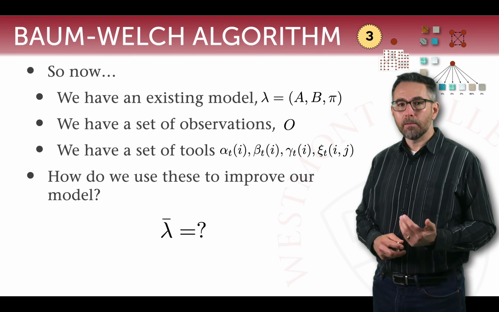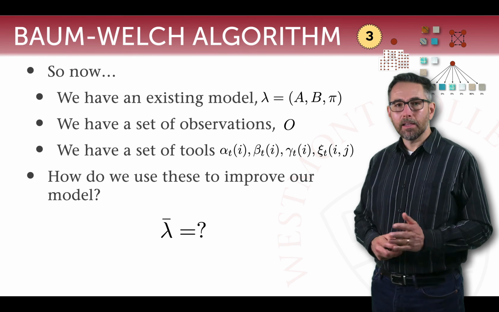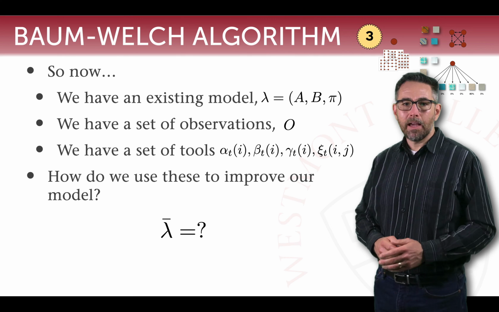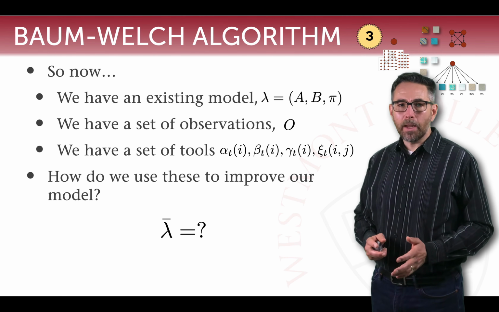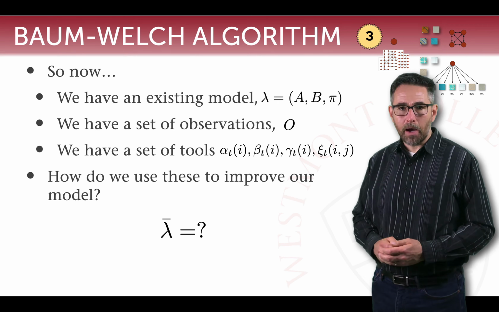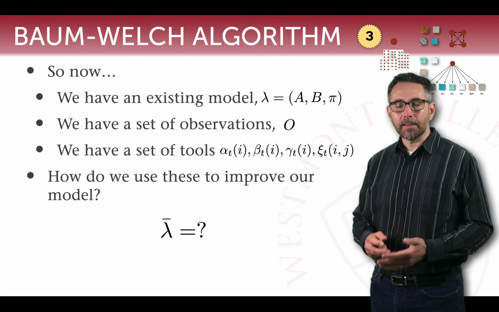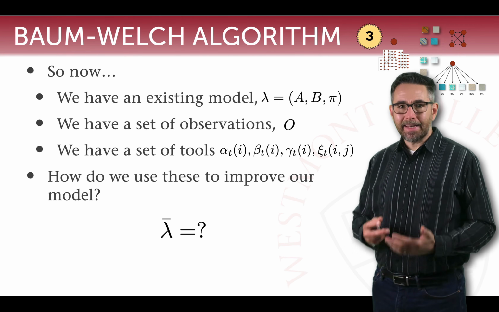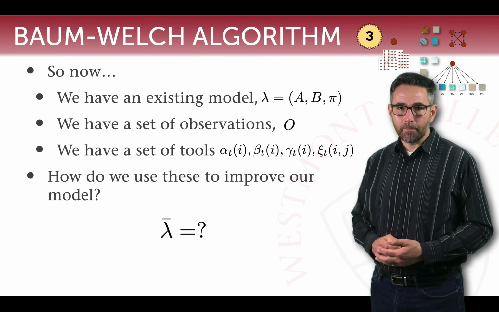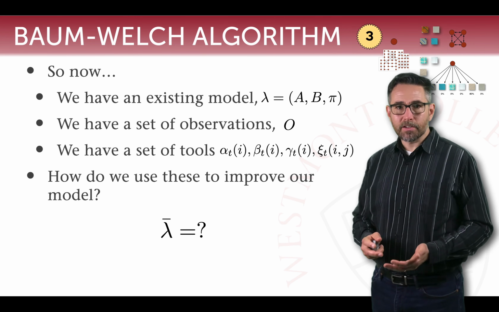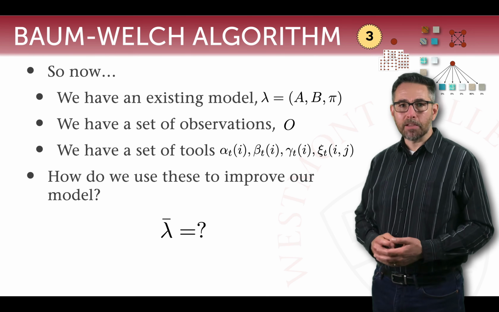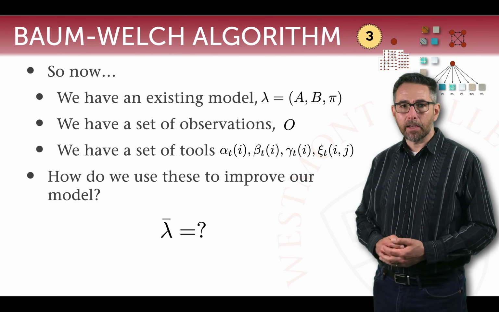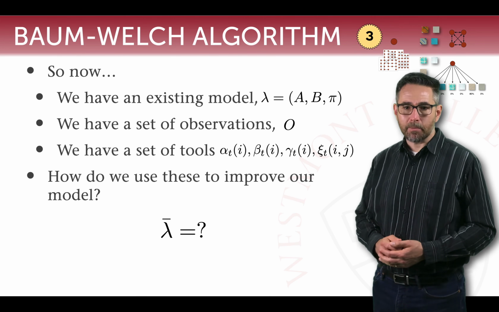We have alpha t, beta t, forward and backward, gamma t, the Viterbi algorithm, and then xi t, something that we need for Baum-Welch. How are we going to use these to improve our model? How are we going to calculate lambda bar such that it is an improvement over lambda? Well, lambda consists of three different parameters, pi, A, and B. So let's look at each of them in turn and how we can optimize our estimate to improve it.